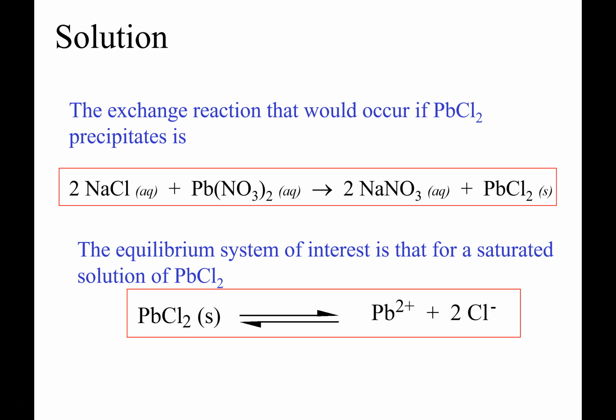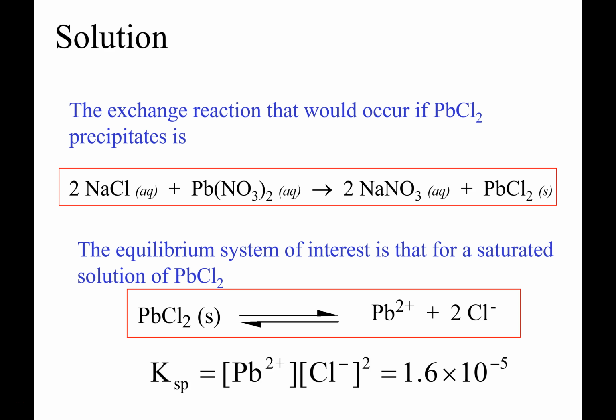This happens to be a special one, it's KSP. It's always products over reactants, but anything in solid state does not appear. So your KSP expression looks like this. KSP, which we were given the value of, is the molar concentration of the Pb2+ raised to the first power times the molar concentration of the chloride raised to the second power. And again, we were given a value for KSP in the problem.